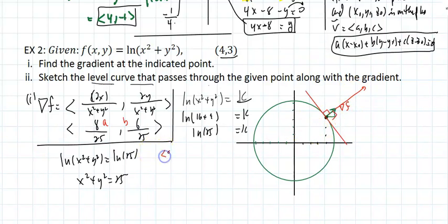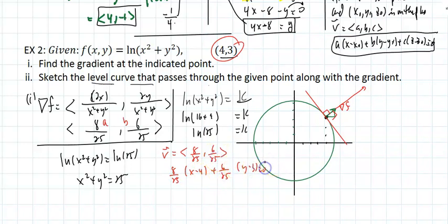Or leave it as 8 over 25. I could say my vector in 2 dimensions is really this, and my point is right there. And I could say 8 over 25 times x minus 4 plus 6 over 25 times y minus 3 equals 0.